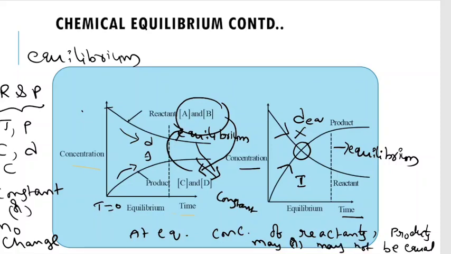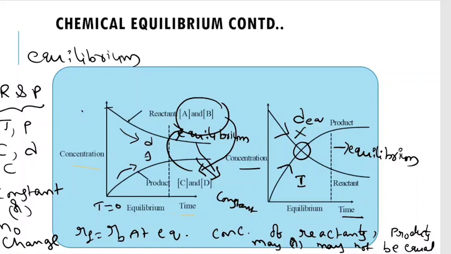Very, very important point. But what must be equal? The rates must be equal. Which rates? The rate of the forward reaction and the rate of the backward reaction. But if we consider the concentrations of reactants and products, they need not be equal. They may or may not be equal at the equilibrium stage.